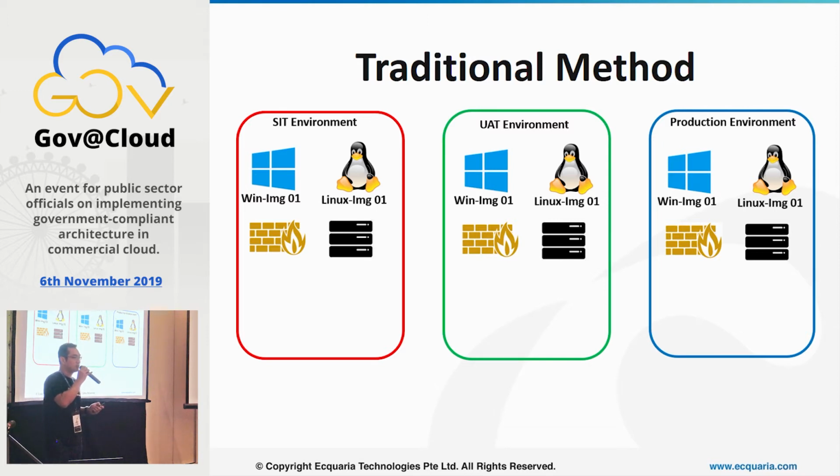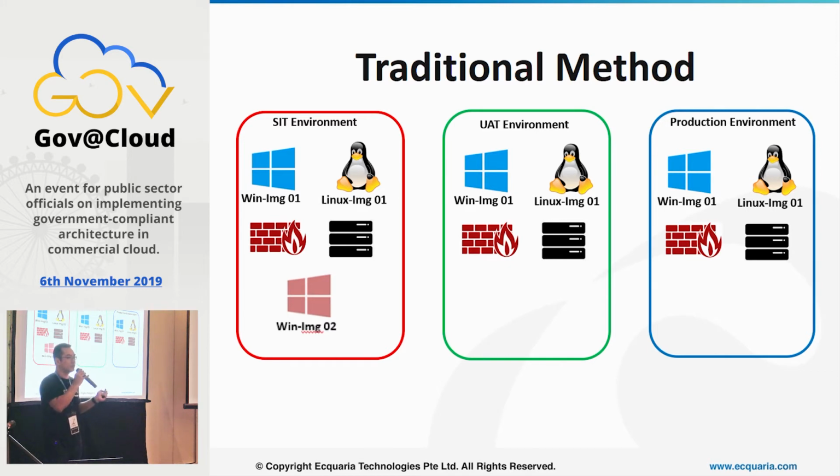Let's say we do some testing and we need to change some firewall rules in the SIT. We do it in the SIT, then okay, we do it in the UAT and do it in production. No problem. But let's say 6 months down the road or 8 months down the road, we want to deploy some new Windows servers. Being human, we make mistakes, or being lazy, we just choose any of the images. Just how you remember, when you scroll down Windows, there are actually a lot of flavors that you can use.